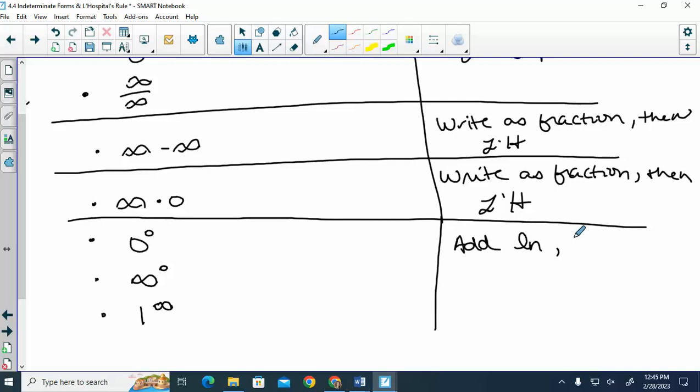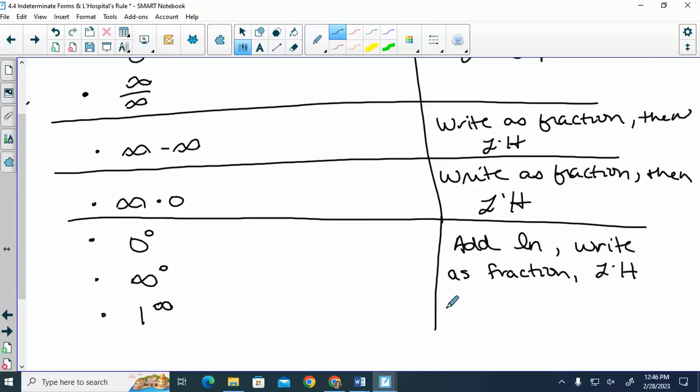So then it will be 0 times 0 or infinity times 0. So we'll add natural log, write it as a fraction. We can do L'Hopital's. And finally, what's the inverse of a log, or the opposite of a log? The exponential. Since we put the log in the problem to start with, we have to undo it.